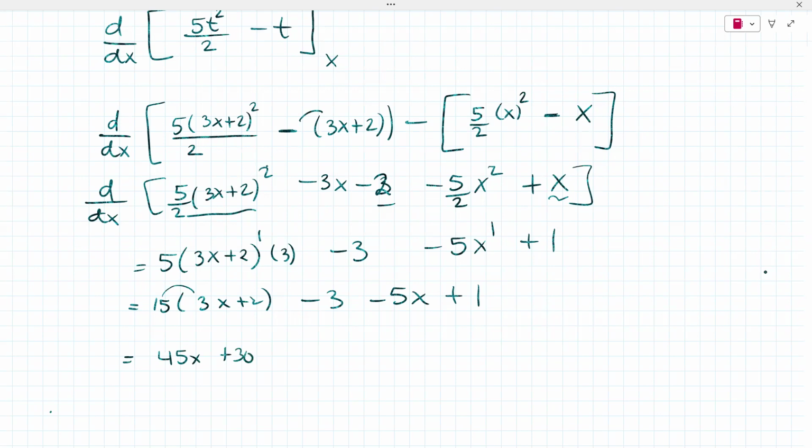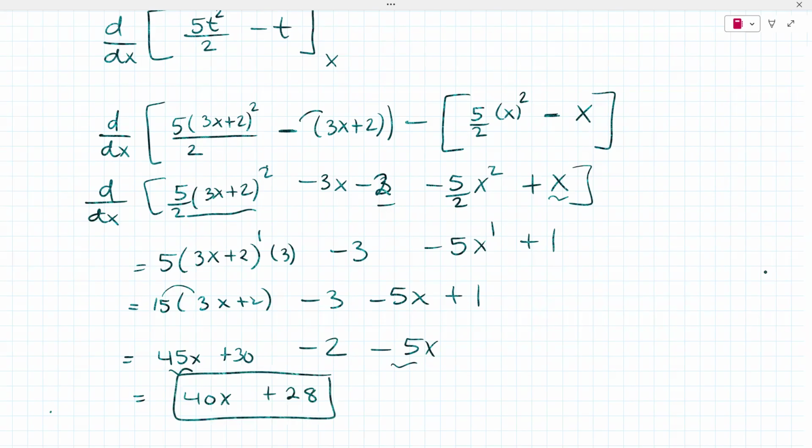I was just checking my work. Now just collect like terms because I already took the derivative of these terms. Negative 3 plus 1 is negative 2, minus 5x. All you've got to do is collect like terms. 45x minus 5x is 40x. And then 30 plus negative 2 is 28. You get 40x plus 28.